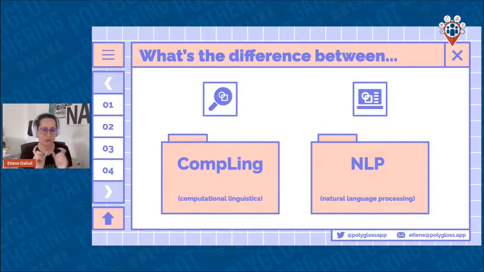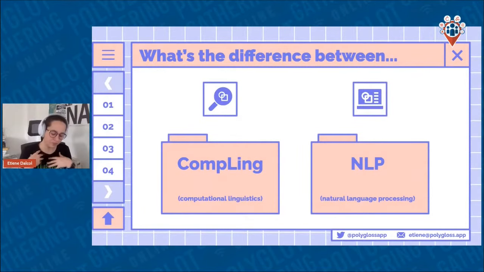But before I move on, I want to talk a little bit about what's the difference between computational linguistics and natural language processing, because those are two terms that you might encounter in the wild if you go search for this on the internet later on. But to be brief, there isn't much difference, right? I am going to use these two terms, natural language processing and computational linguistics, interchangeably in the rest of the talk. I'll most often say NLP, just because it's shorter. But sometimes I observe some difference.